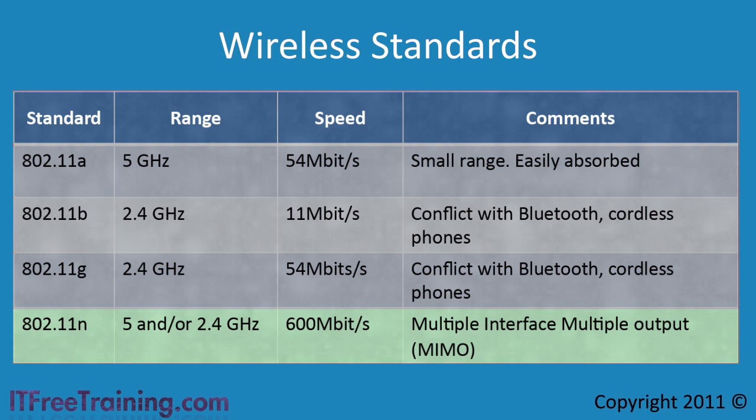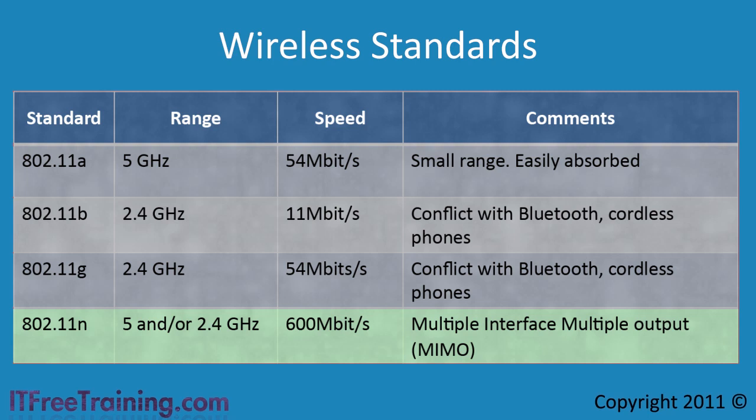To operate at 600 megabits, you need a network device that can transmit 4 signals at once. The device on the other end must be able to receive 4 signals at once and be fast enough to process the signals. This is why you will see some N devices on the market stating they will go up to 300 megabits and not 600 megabits. Regardless of the facts, even just 300 megabits is a big increase from the G standard.